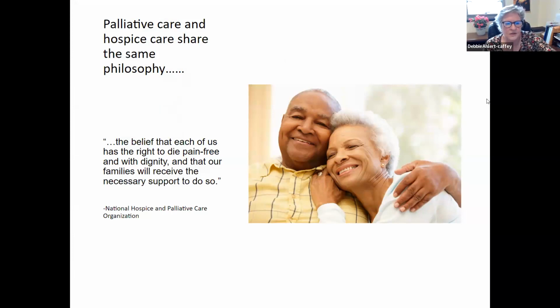The belief that each of us has the right to die pain-free and with dignity, and that our families will receive the necessary support to do so. So hospice and palliative care really have the same philosophy. We usually get the same referrals that palliative gets, but they are more end stage when they come to hospice. End stage CHF, cancer, Alzheimer's, lung disease, HIV, ALS, Parkinson's.